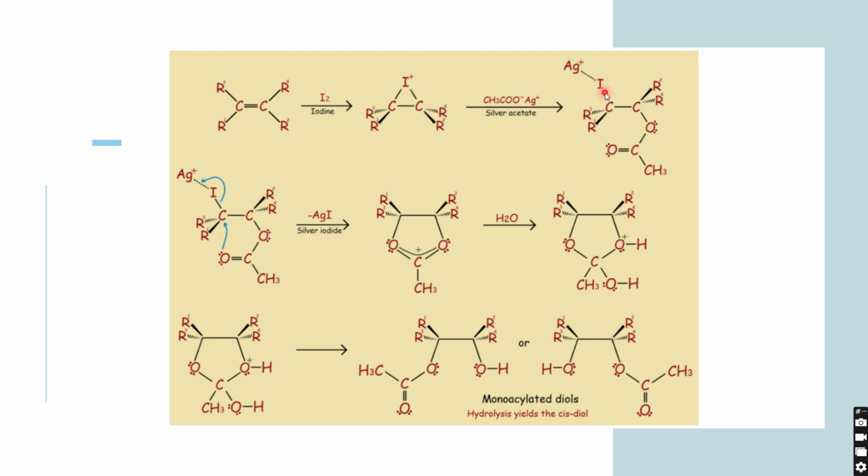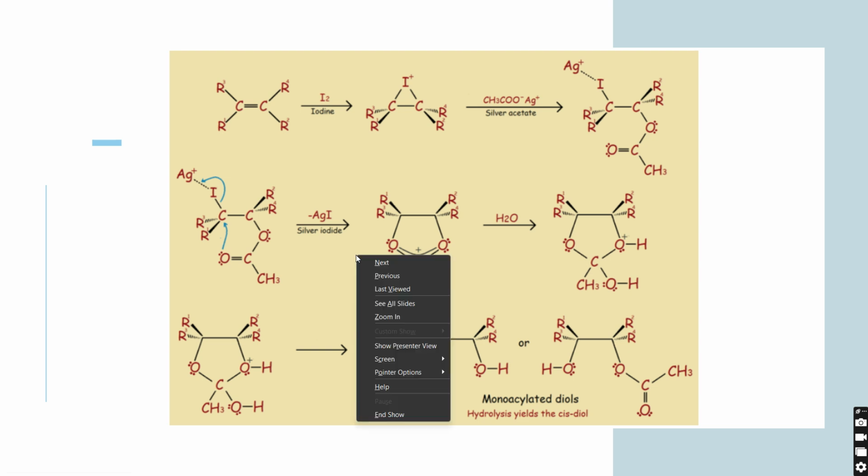After this step, the carbonyl group of the acetate which just underwent the nucleophilic attack is going to form a five-membered intermediate carbocation. The carbonyl group attacks the carbon atom containing the carbon-iodine bond, and because of this attack the carbon-iodine bond breaks and silver iodide byproduct is formed.